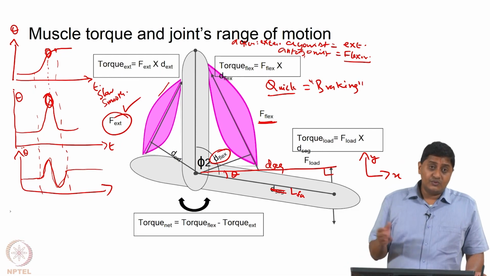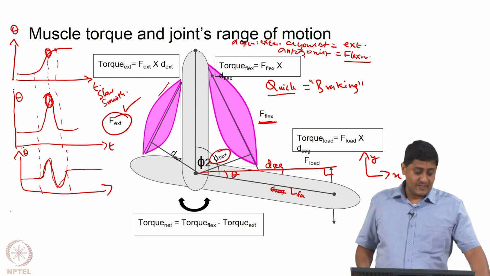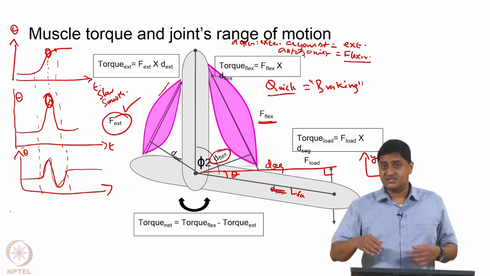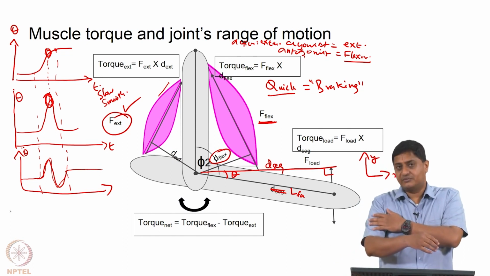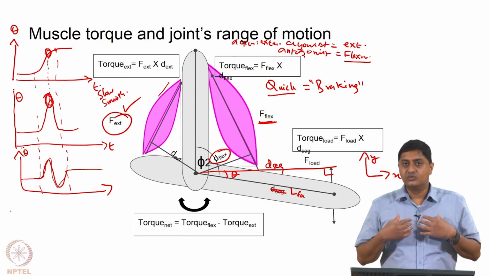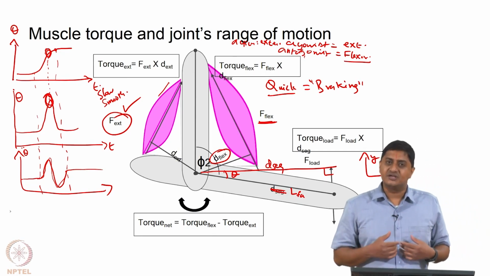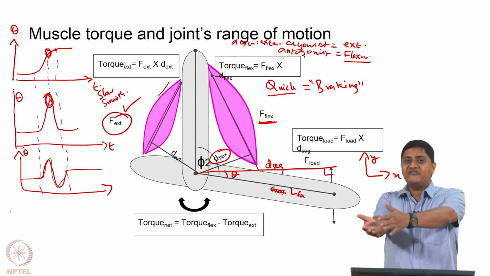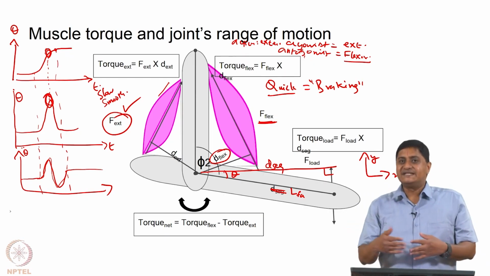Also, the other reason why you want to avoid unwanted movements is when I am moving, say, the proximal part of the body. Usually the part of the body that is close to the center of the body is called proximal, those that are away from the center of the body are called distal, right.